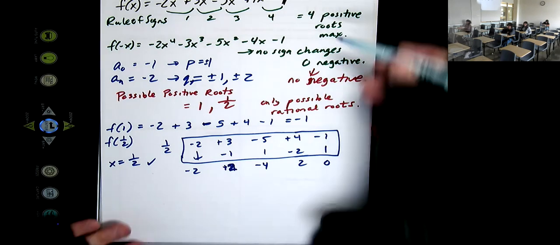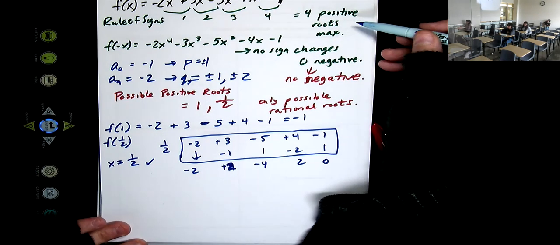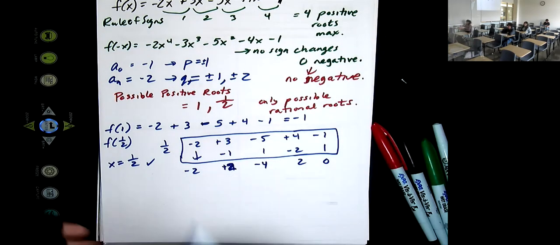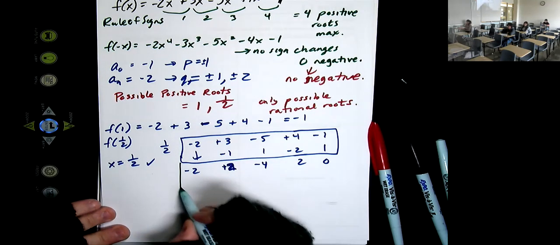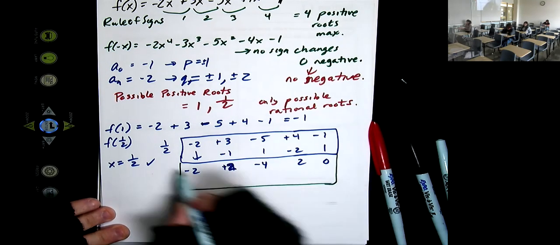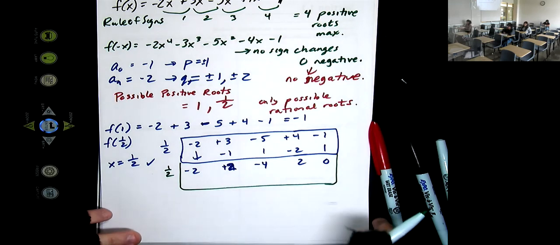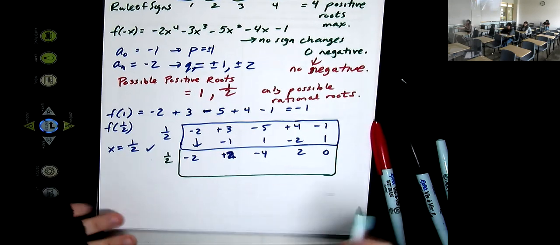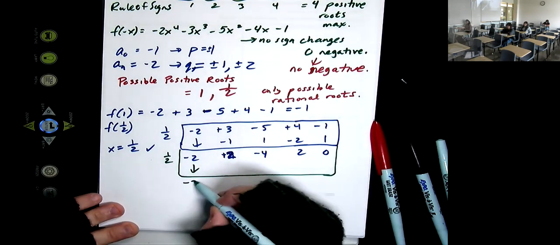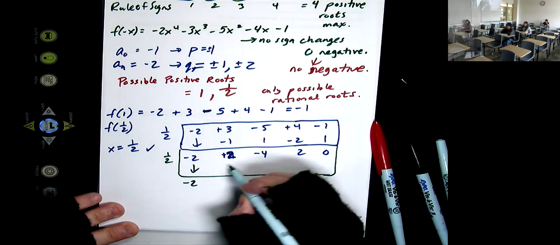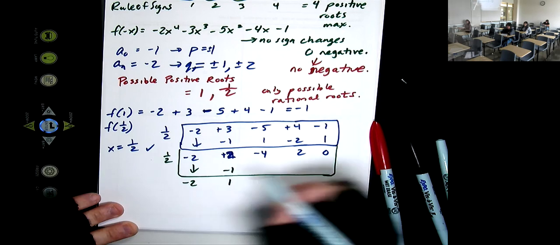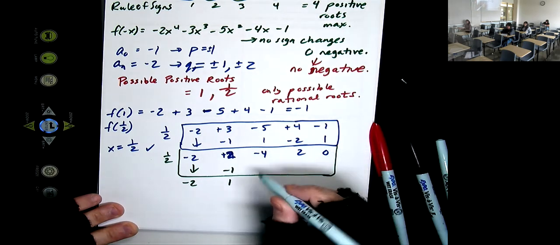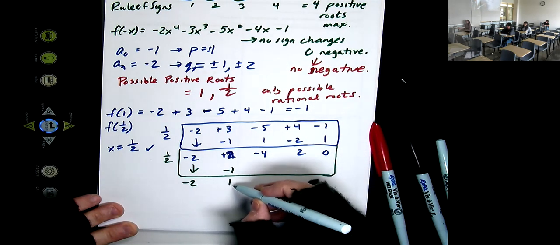It says I can have up to 4. It's the only root I have left that's positive. Let's check it again. Let's make a new box. Just extend this right here. Bring this down and we'll do 1/2 again. Let's see if it shows up again. 1/2 of -2 is -1. 2 minus 1 is 1. Oh, this is not looking good. 1/2 of 1 is 1/2.